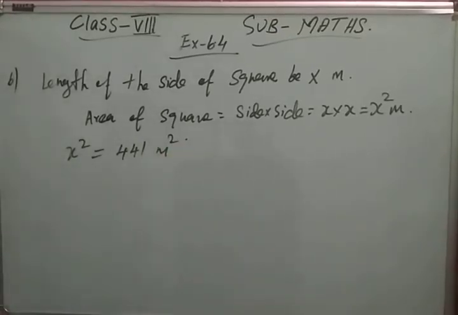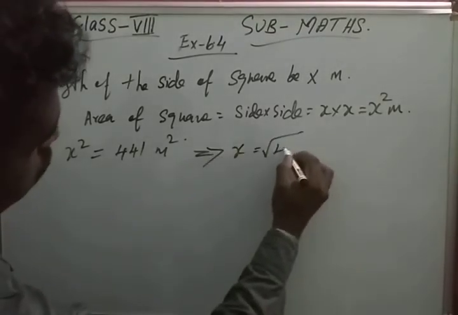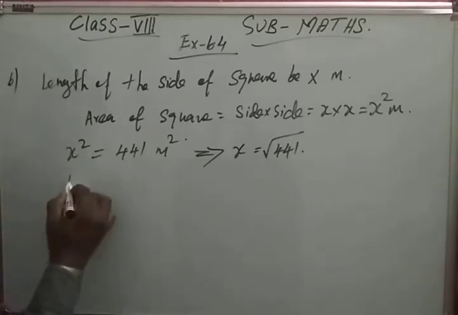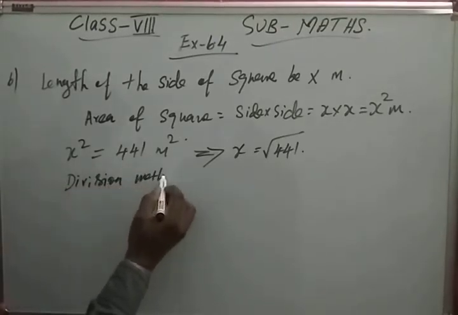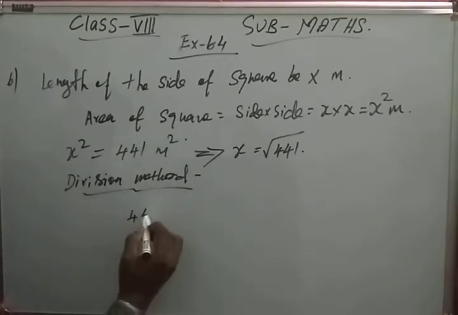Now we have to find the value of x. So x is equal to root of 441. Two methods are there: one is the prime factorization method and the other is the division method. Since in this exercise we are following the division method, we are going to use it. 441.